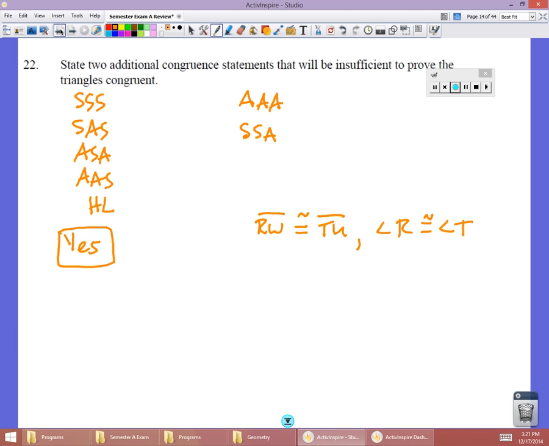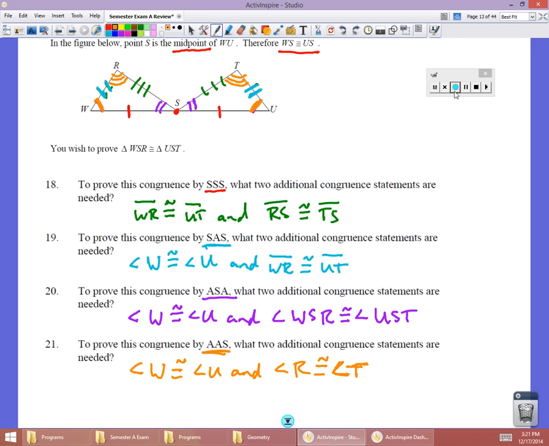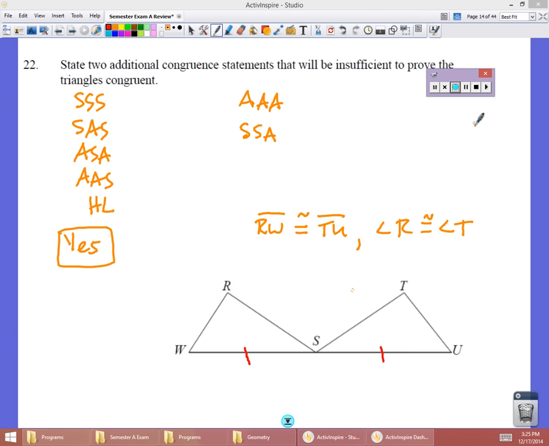Let's take that picture and transpose it over to this page. So I'm going to pause for one second while I get that information.